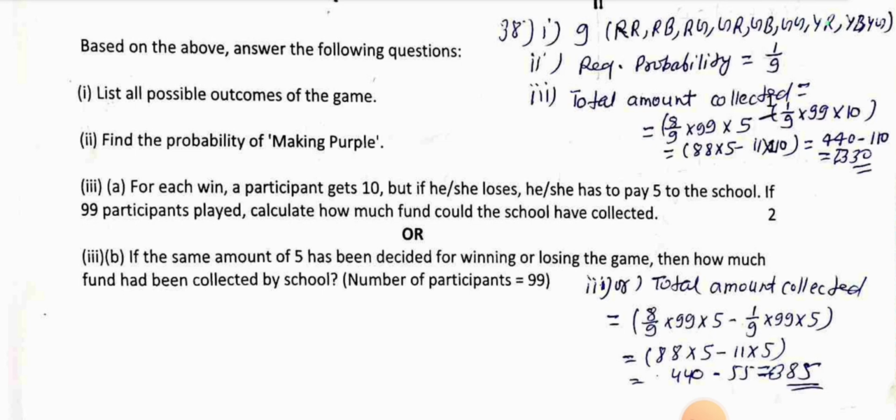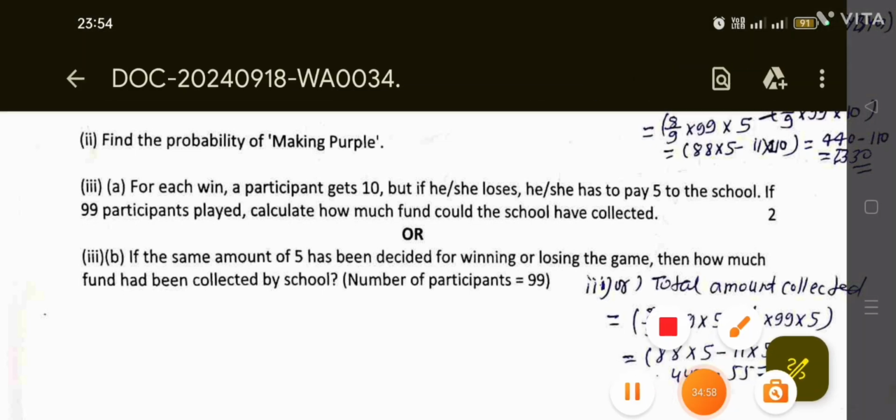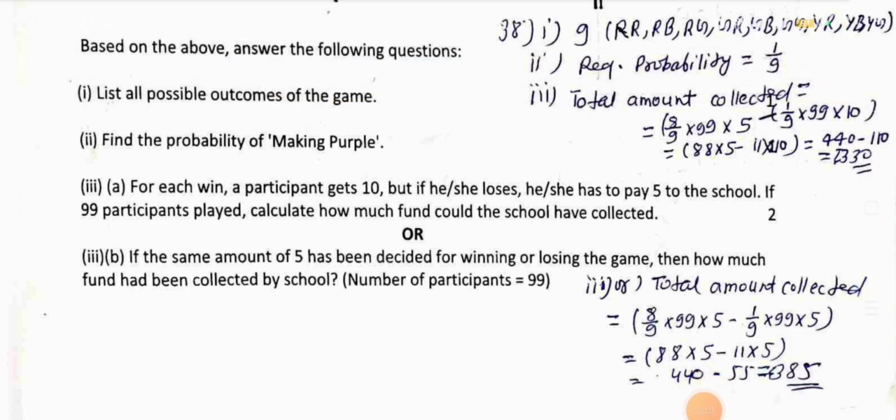One odd question is also there. If the same amount of 5 rupees has been decided for winning and losing the game, and both get 5 rupees, then how much fund is collected by the school?